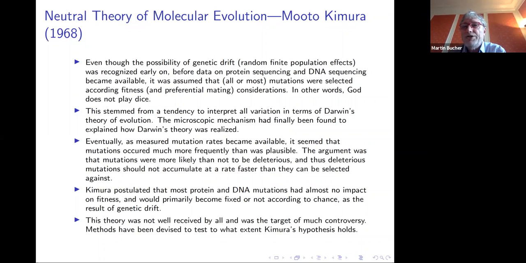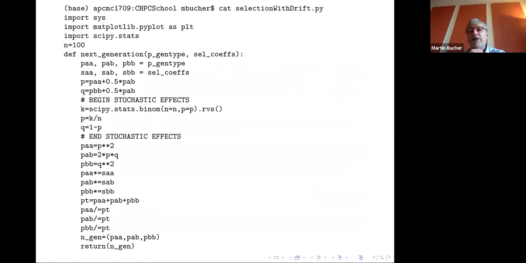It's a Japanese geneticist, Motoo Kimura, who came up with this theory, and not everybody liked it, and there was a lot of controversy, and there's a lot of discussion in the literature as to what extent mutations are generally neutral. So he doesn't claim that this always happens, but that this is the case most of the time.